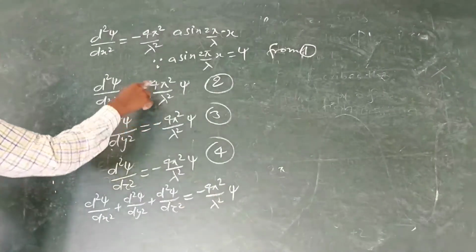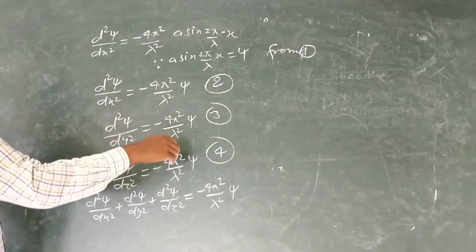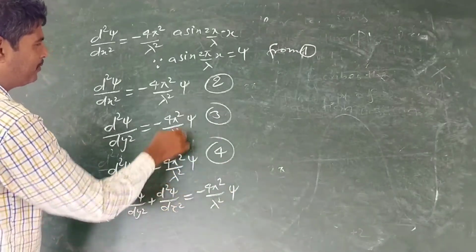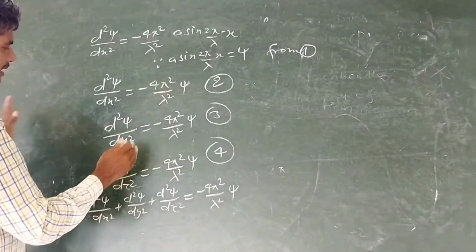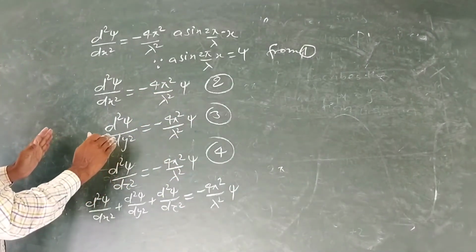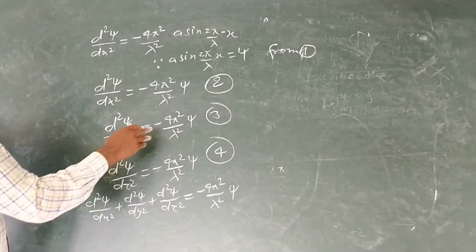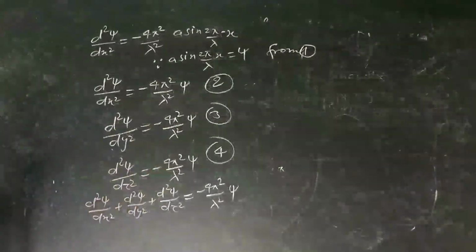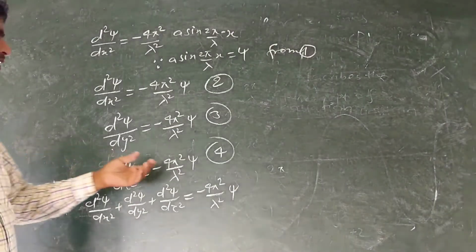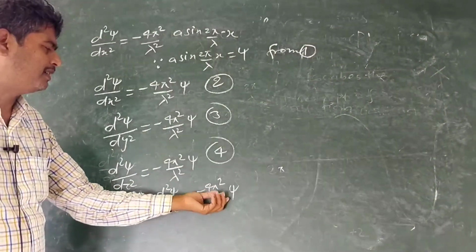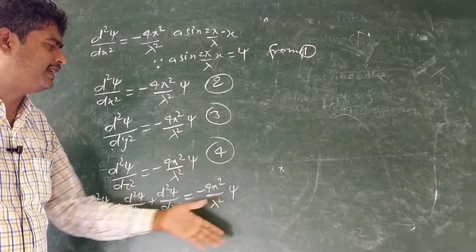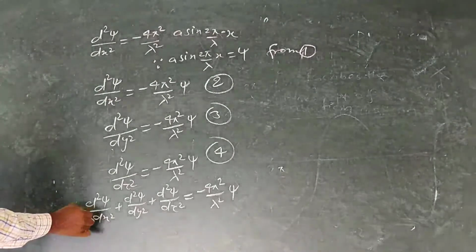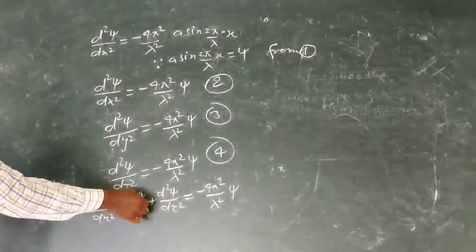We will not write 4 pi square upon lambda square psi three times; we will use only the notation on the left hand side. In this, psi may be taken as common.